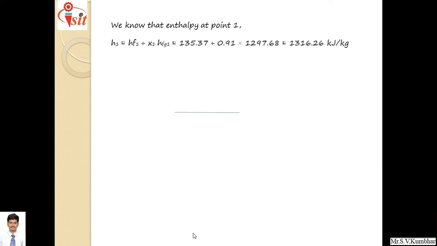After getting x1, the enthalpy at point 1, h1, is equal to hf1 plus x1 hfg1, that is 135.37 plus 0.91 into 1297.68, that is 1316.26 kilojoule per kg. Similarly, enthalpy at 2, h2, is equal to hf2 plus hfg2, which is equal to 298.9 plus 1166.94, which is 1465.84 kilojoule per kg.